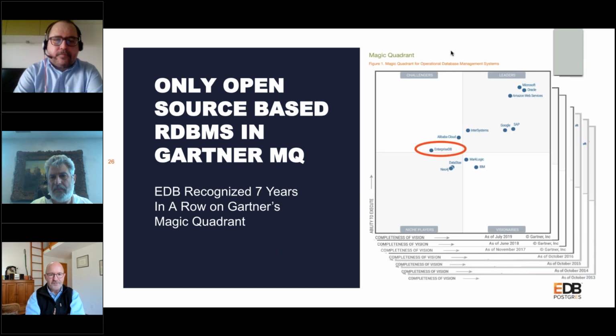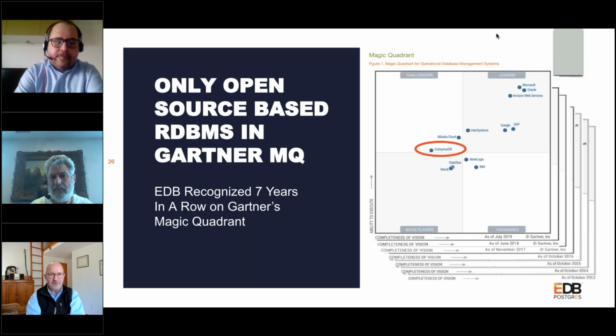So first thing is, when you look at Enterprise DB today, one of the key elements is that we are a major contributor to the Postgres project, and we're also very active on the commercial side. Obviously, we work with lots of large customers, and we work with consultancies like Gartner, for example.